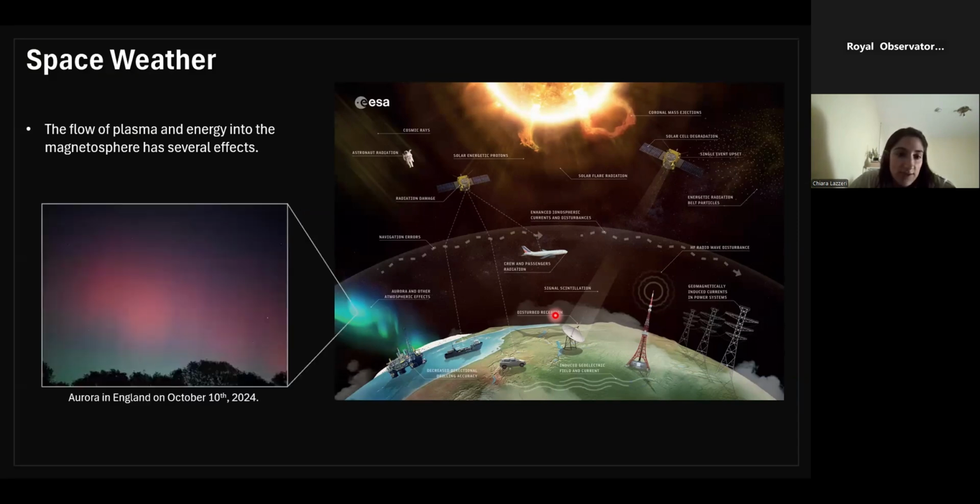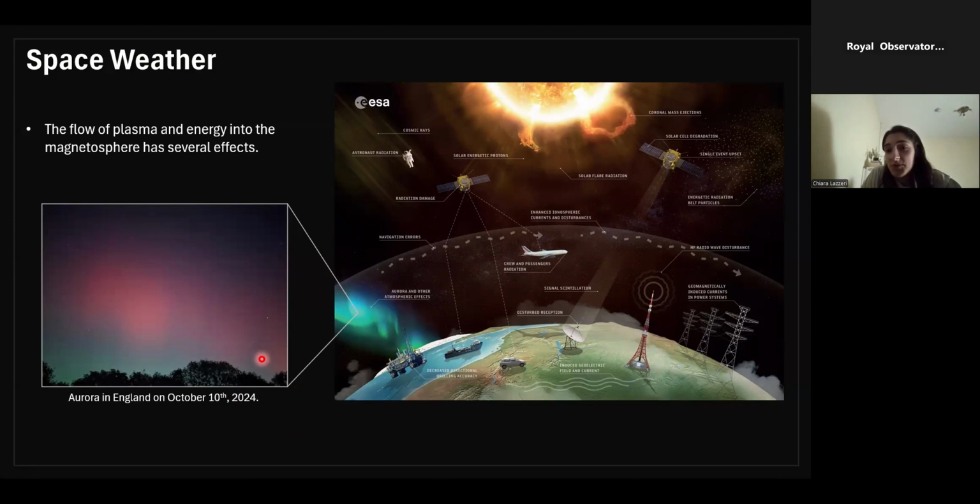One space weather event that we mentioned during the talk is auroras, which are caused by the interaction between these charged particles in the plasma and the neutral particles in the Earth's atmosphere. And this is a picture that I took from my house in Surrey last month during, I think, the biggest geomagnetic storm of the last 20 years.